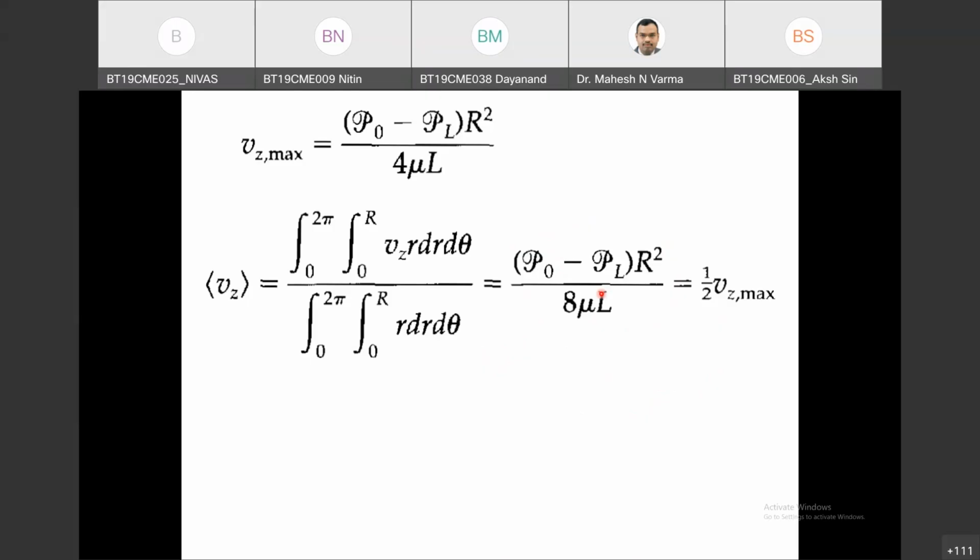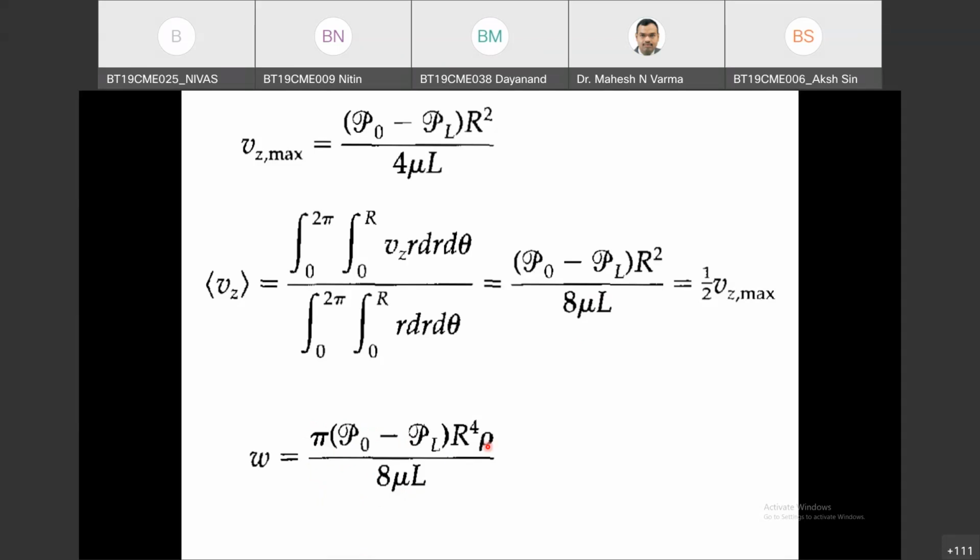This is also one of the most important equations in chemical engineering. This is mass flow rate. First of all, this delta P r square divided by 8 mu L is the average velocity, multiplied by pi r square is the volumetric flow rate, multiplied by density.